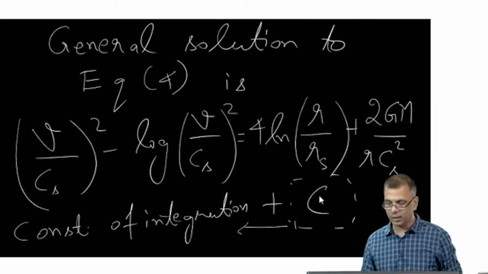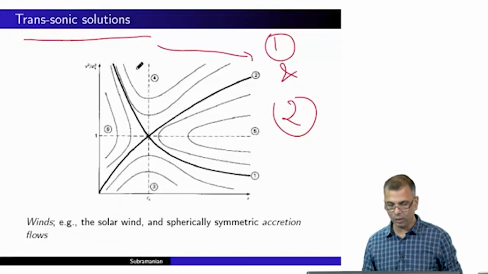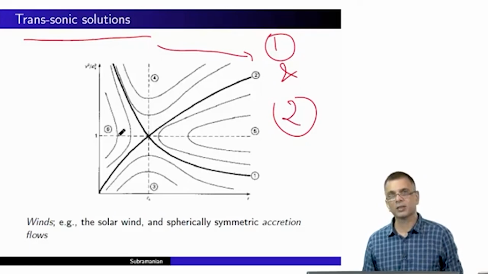We said that depending upon the constant of integration, you can have any one of these solutions: solution 1, solution 2, or solution 3 or 4, or for that matter 5 or 6. And we eliminated solutions 5 and 6 because they are not physical.